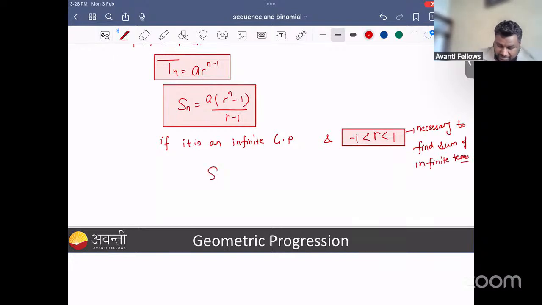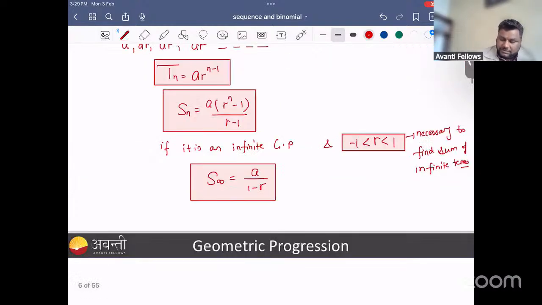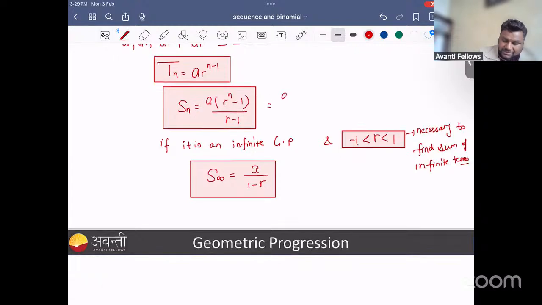Then the sum up to infinite terms is A upon 1 minus R. The sum of n terms can also be remembered as A times 1 minus R to the power n upon 1 minus R. It does not make any difference whether you use the first one or the second one. They are derived from each other, taking minus common from numerator and denominator.